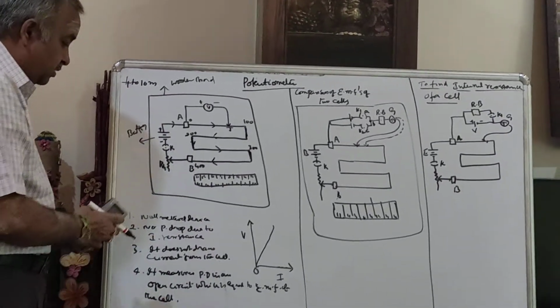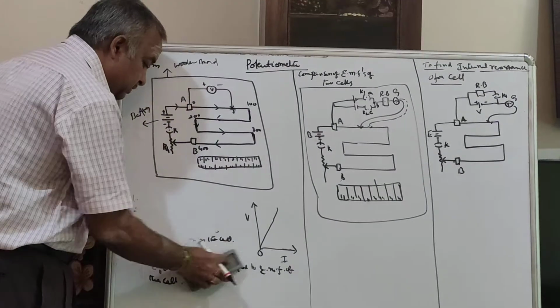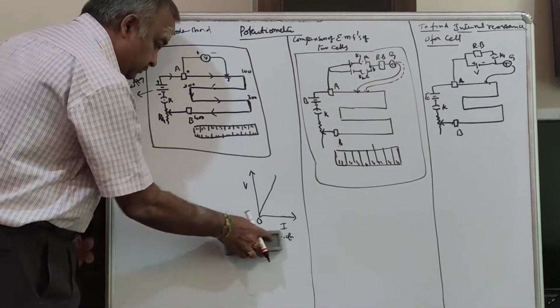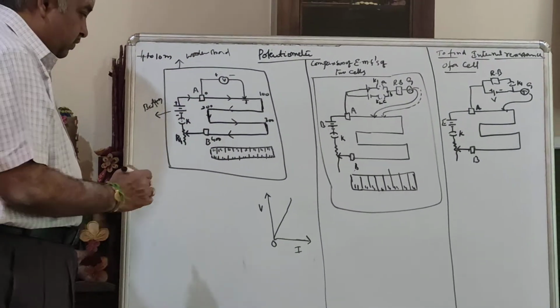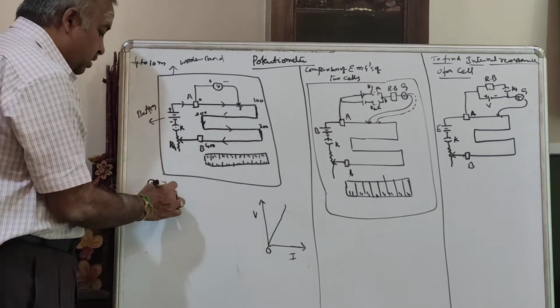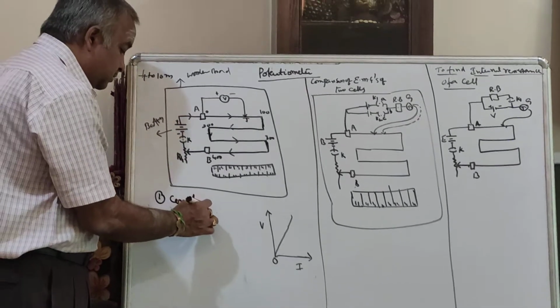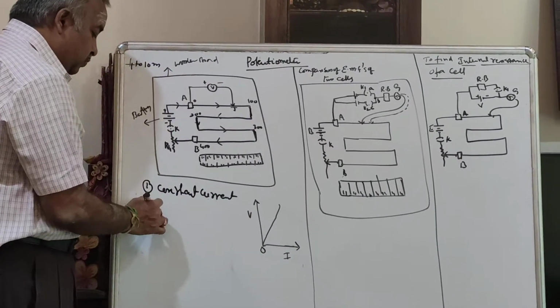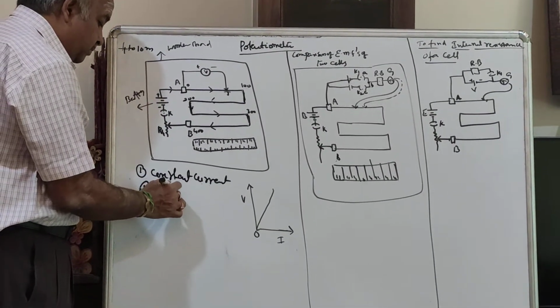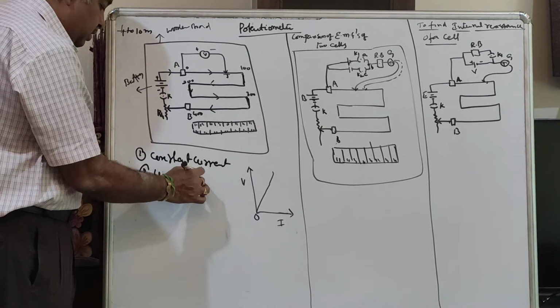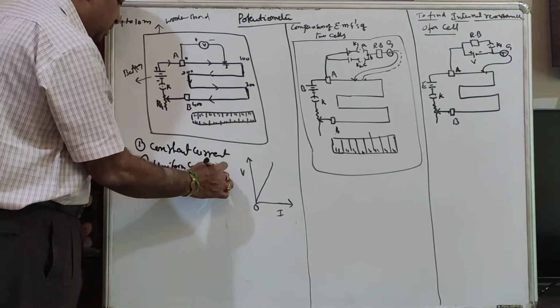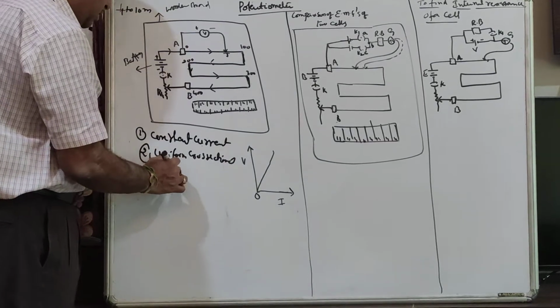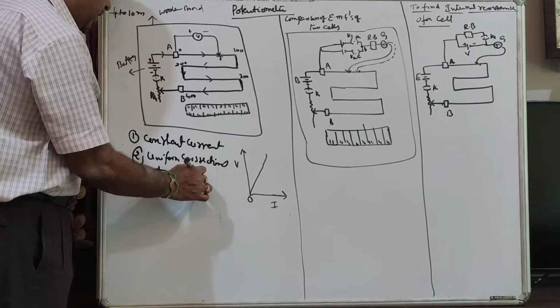So here the important points are: number one, a constant current is flowing. Number two, uniform cross-sectional area of the wire.